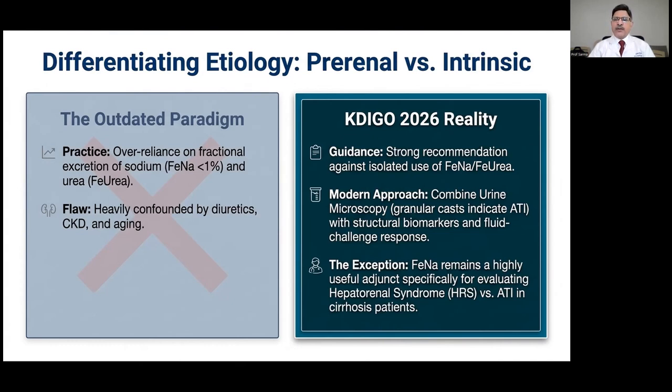Exception: FENa remains a highly useful test specifically for evaluating hepatorenal syndrome versus acute tubular injury in cirrhosis patients. If the patient is a cirrhotic patient, there could be hepatorenal syndrome. In such a situation, FENa or FE urea can be useful. FE is fractional excretion. So this is a modern guideline compared to the previous guideline.